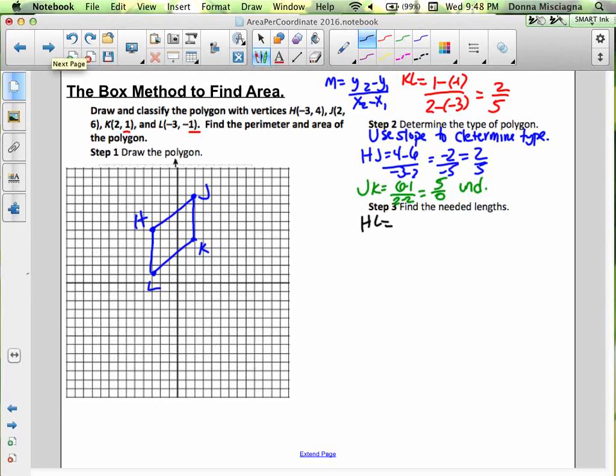So for HL, we've got 4 minus negative 1, or 4 plus 1, over negative 3 minus negative 3.